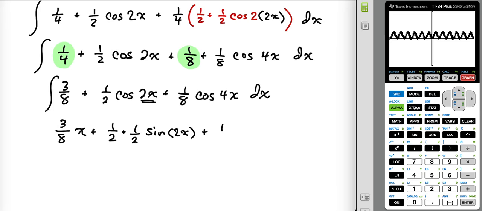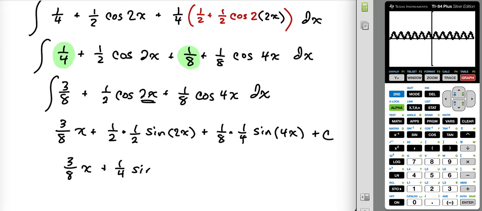Then 1/8 multiplied by the coefficient of x's reciprocal, which is 1/4, times the sine of 4x, plus c. Then it's just cleaning it up. And that's it.